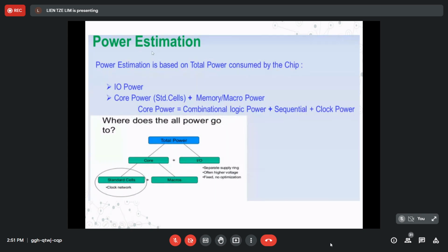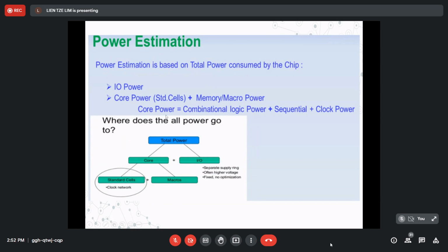Okay, power estimation is based on the total power consumed by the chip. It includes the input-output power, core power, and the memory power.